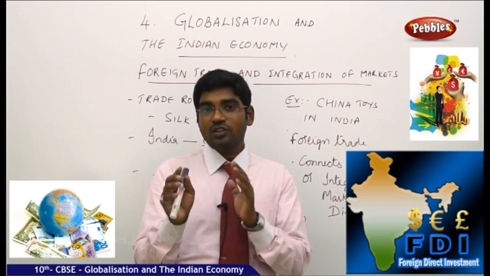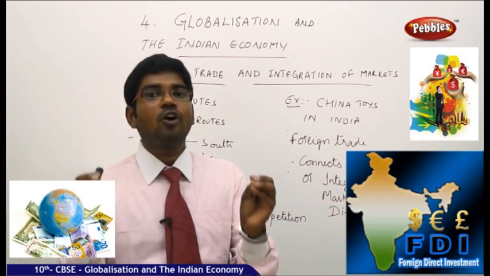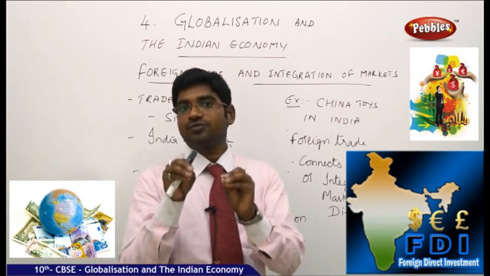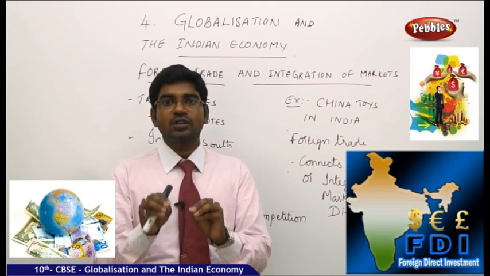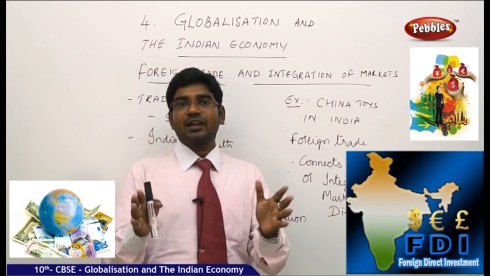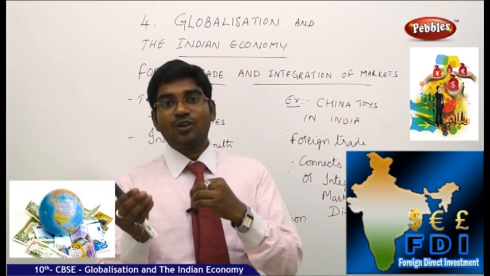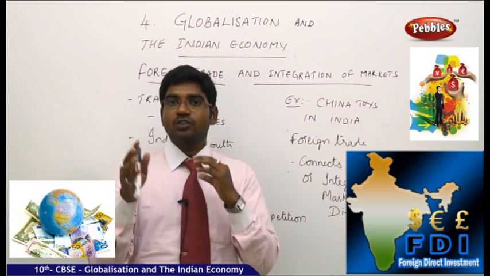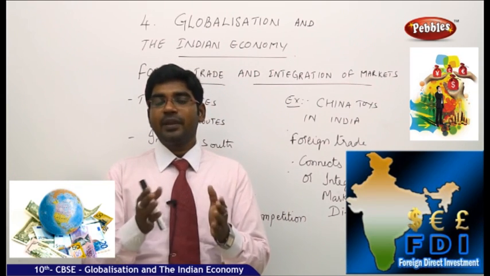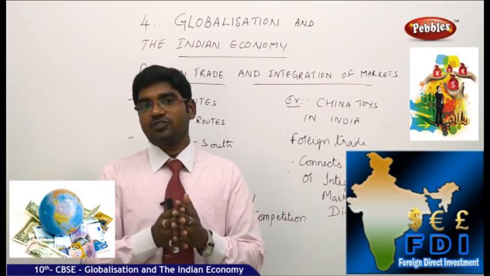So the consumers will get wider opportunities to choose from. Once they get wider opportunities to choose, they start to compare the products. They start to compare the prices of the products. So all these things will bring an international competition.